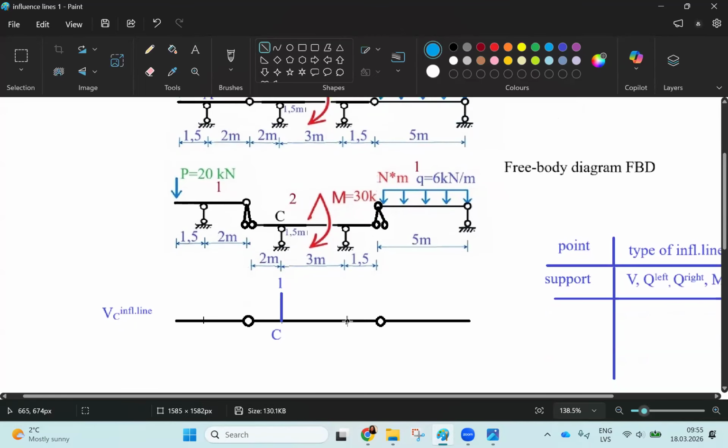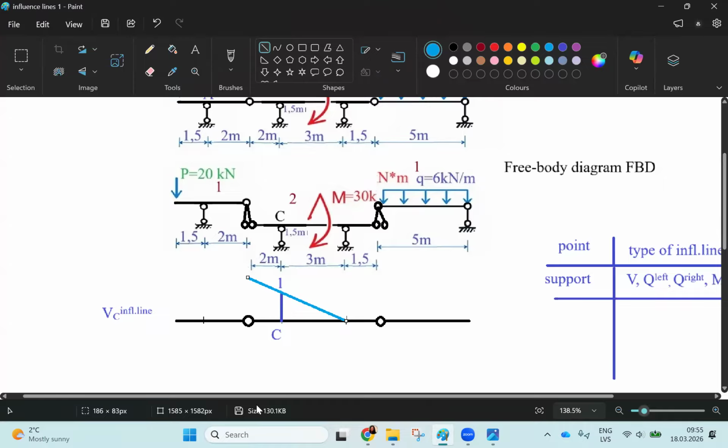We always join with the second, we find the next support. So it kind of goes there. There are two kinds of general rules.